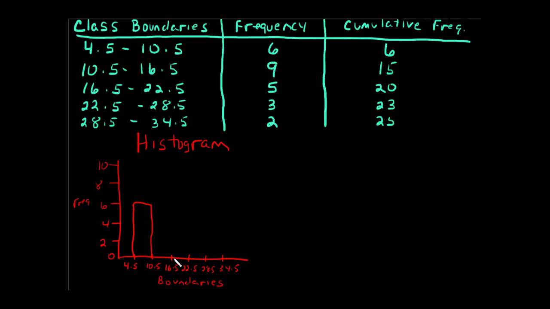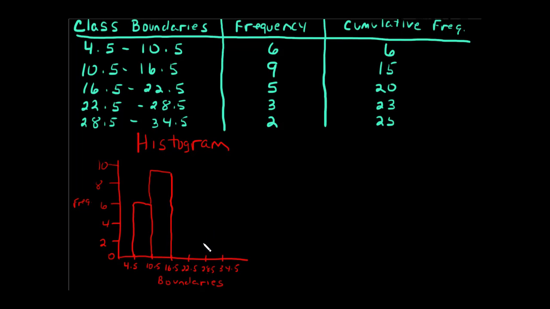The second class ends at 16.5 and has a frequency of 9 associated with it, so I need to draw a vertical line that's 9 units high, and that's going to be about halfway between 8 and 10. And then just connect that to my second bar.